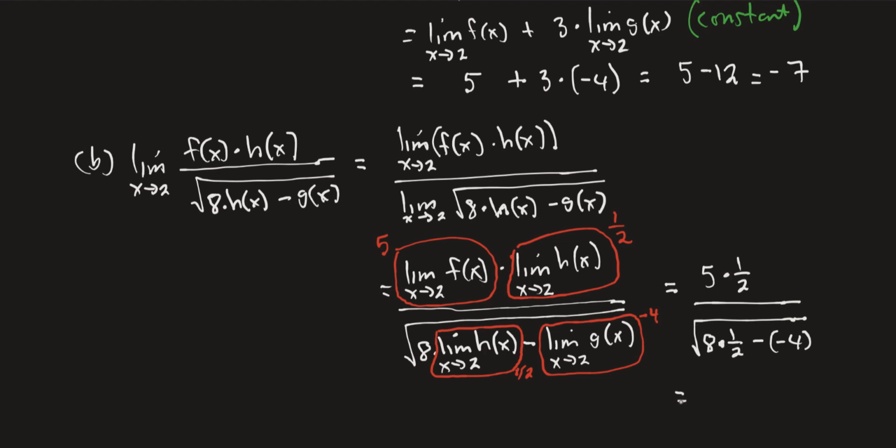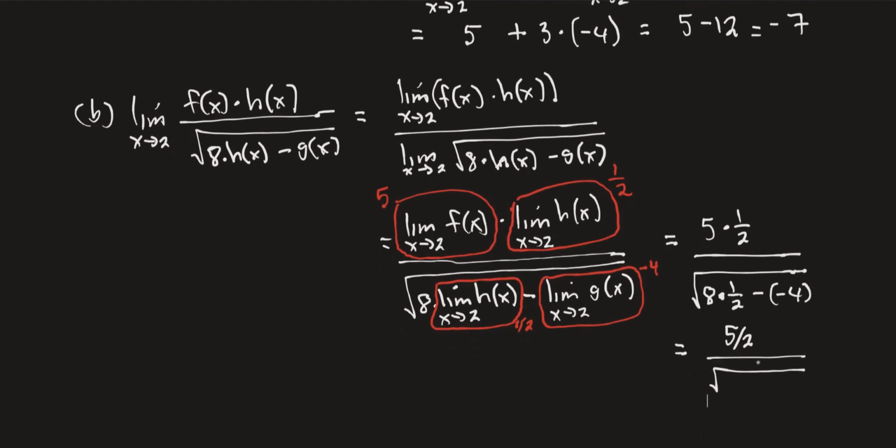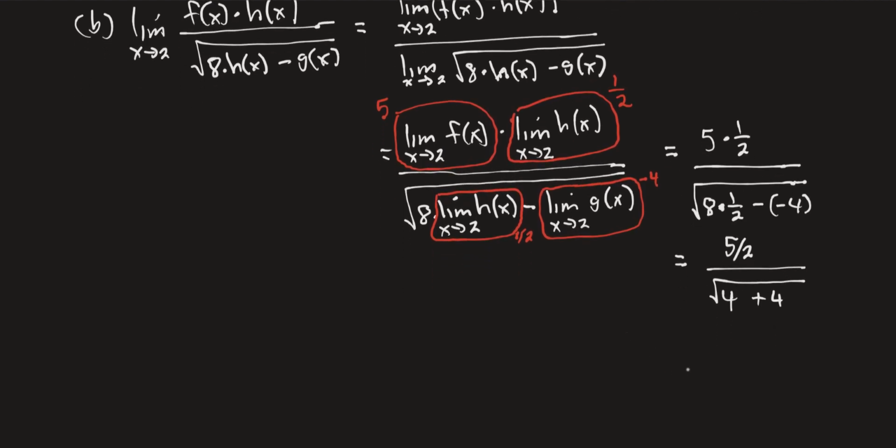So let's simplify this and write this expression in its most reduced form. So the numerator is 5/2. I'll go ahead and show these steps. We got 4 for 8 times 1/2, and then I'm subtracting a -4, which is the same as adding 4. So we end up having a square root of 8 in the denominator, and we have a 5/2 in the numerator.